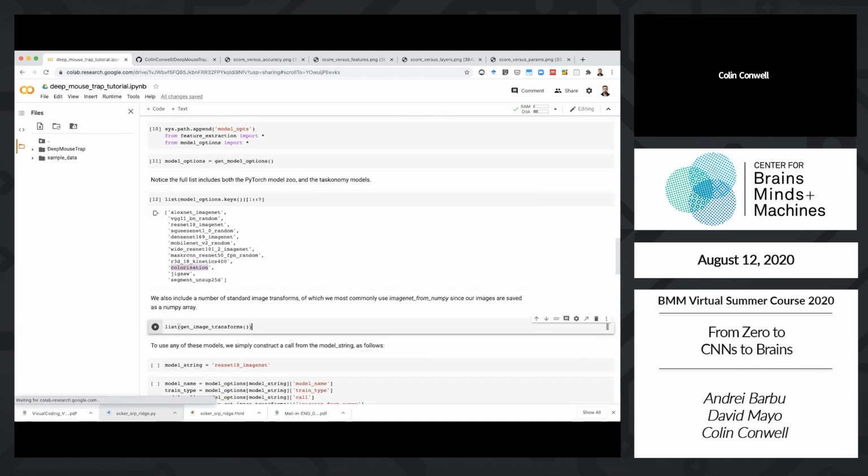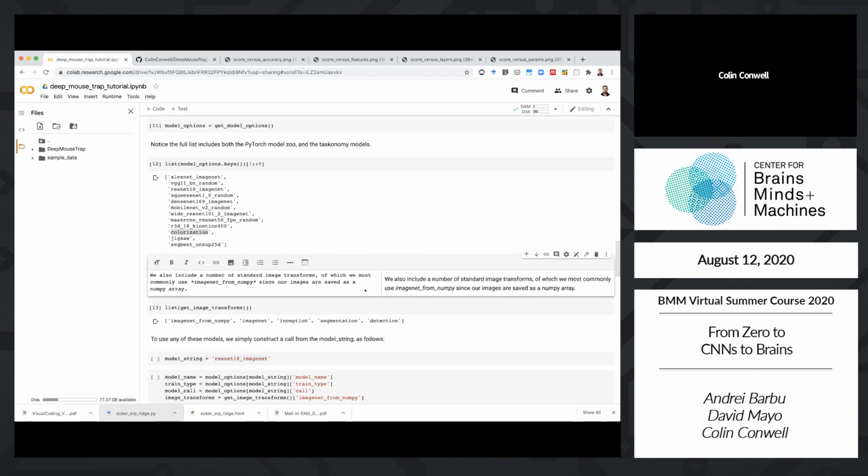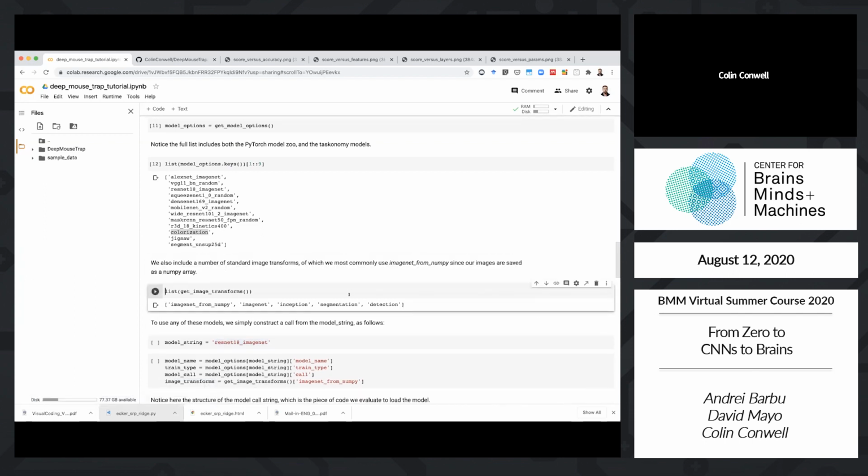So for today's purposes, we're going to be using ResNet 18 ImageNet. Because we're using an ImageNet model and because we have a NumPy array as the basis of our stimulus set, we're going to use image transforms that basically transform our data from a NumPy array into an appropriate data set for an ImageNet model.